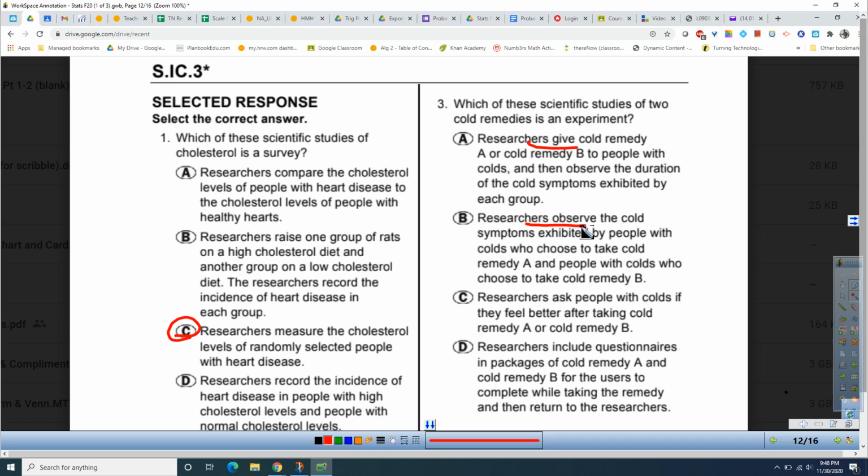Researchers observe the symptoms. Definitely not an experiment, right? Researchers ask, include questionnaires. That's self-selected. And did they do anything to affect the difference? No, definitely not. So here's the key, they gave something else. So that's going to be an experiment.